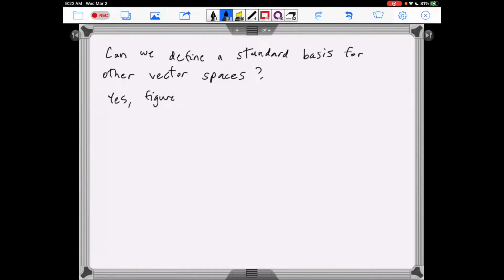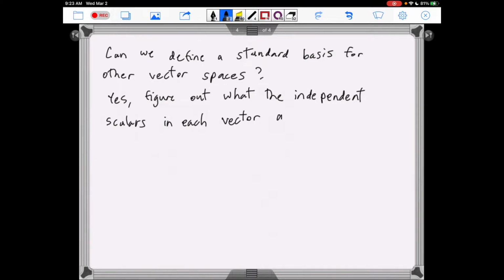What you have to do is figure out what the independent constants, or the independent scalars, I should say, in each vector are, and for each one, put a 1 there and a 0 everywhere else.